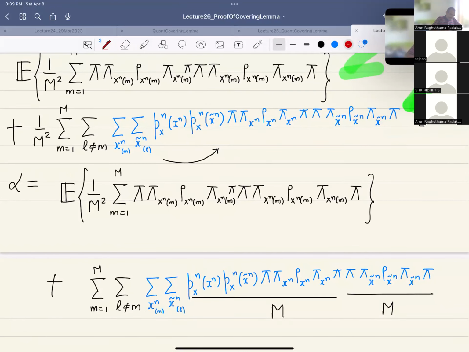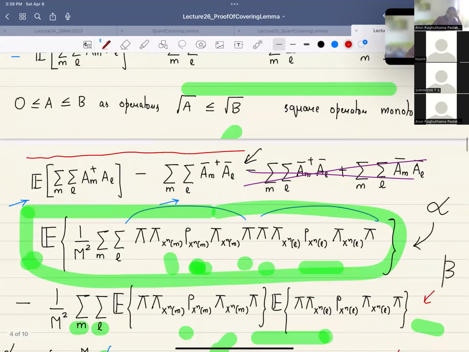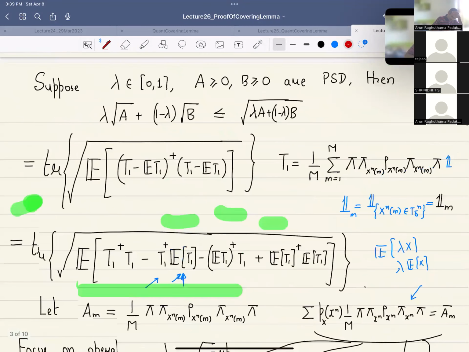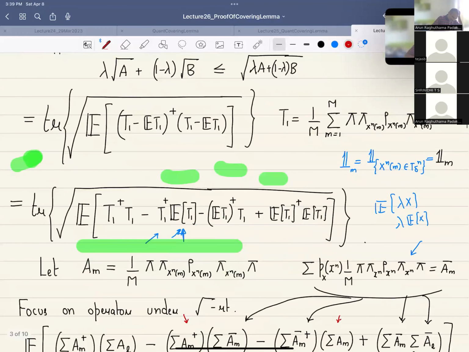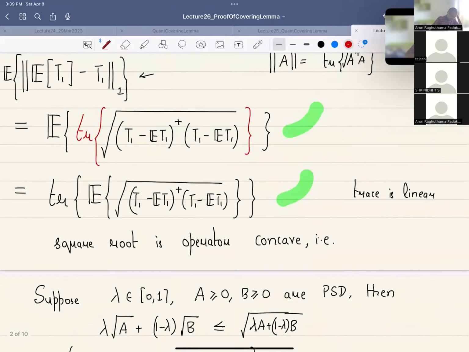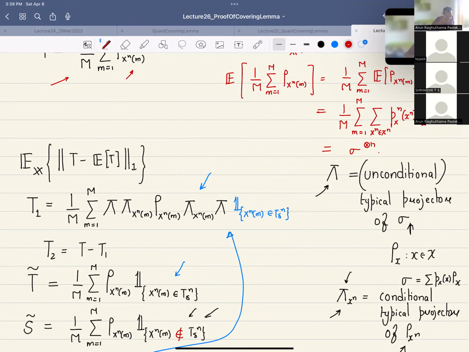Those steps are actually there in Wilde. Wilde also does the same thing, but for the key term, the T1 term, he doesn't do any of this analysis. From T to T1, he has a sequence of steps you can just follow. But for the T1 analysis, he uses what is called the Ahlswede-Winter operator inequality, which is a powerful tool, but it has some constraints.